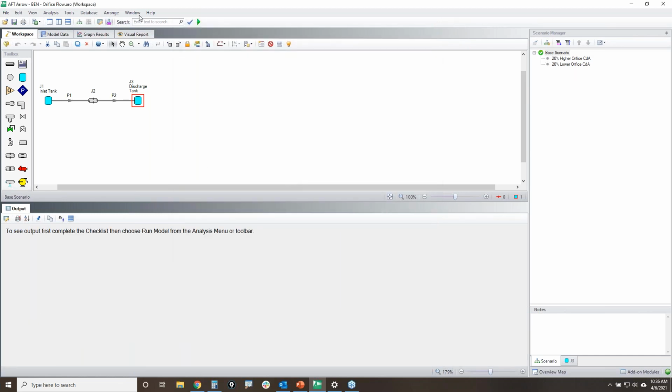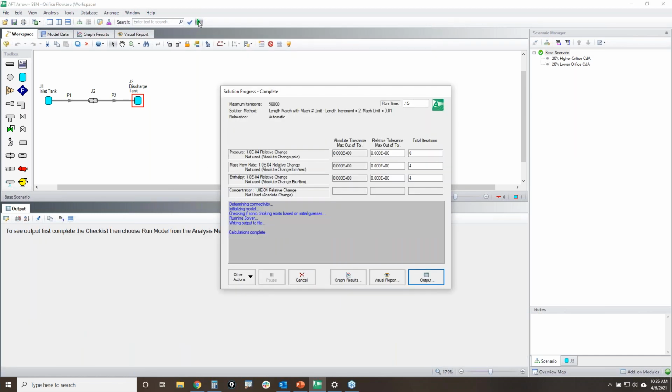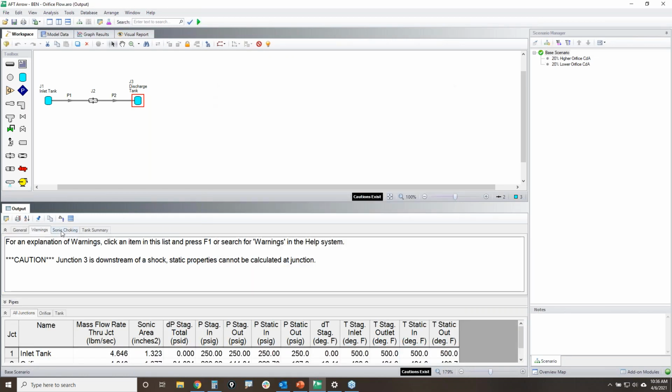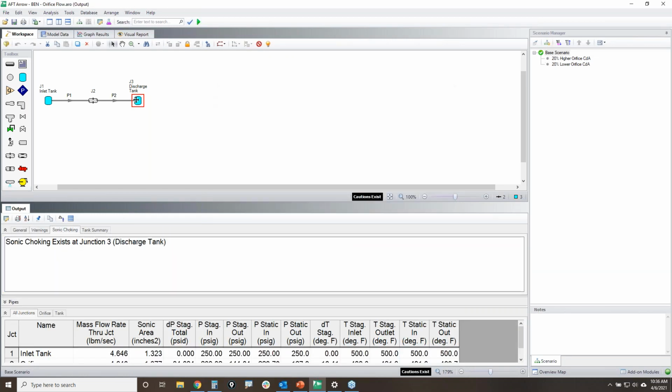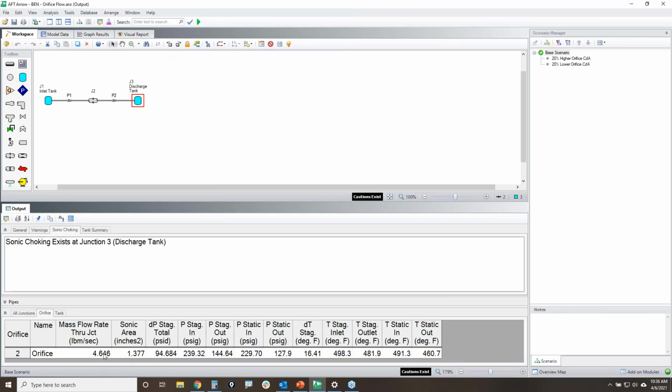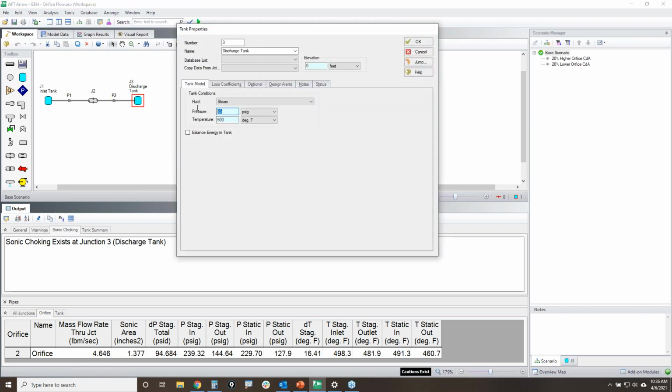It's somewhere between 85 and 90. So here, if I set this to 85 psig, we have our sonic choking again, 4.646 pounds per second. So that critical pressure is somewhere between 85 and 90.